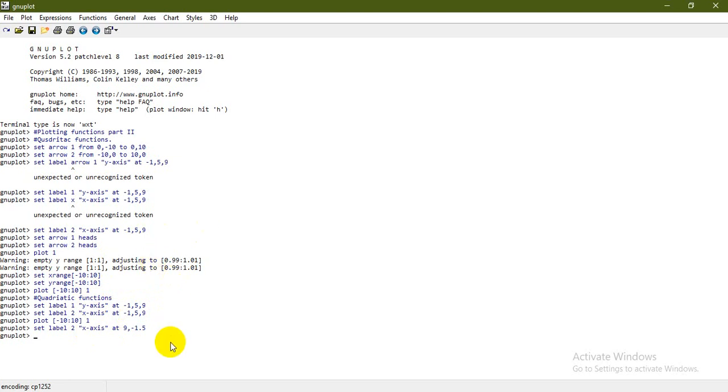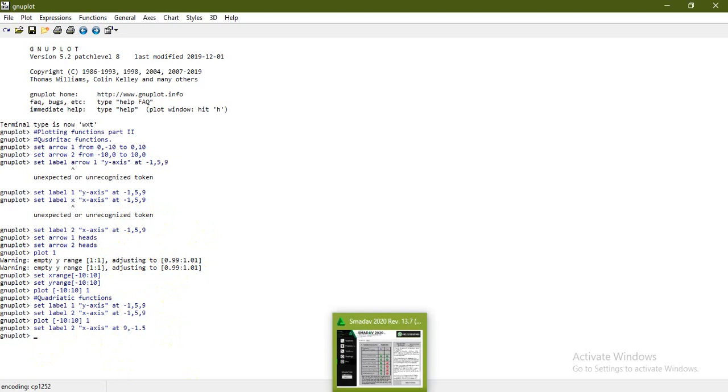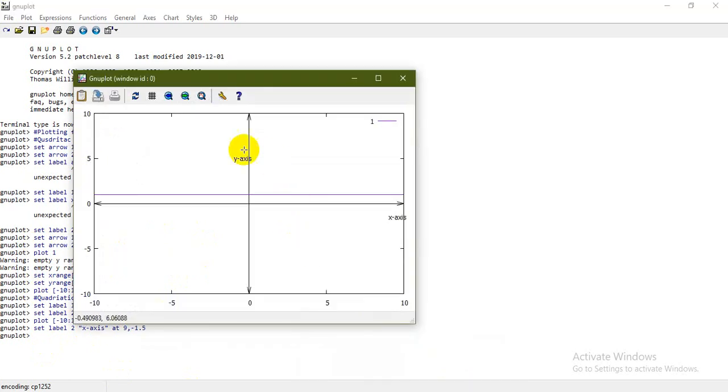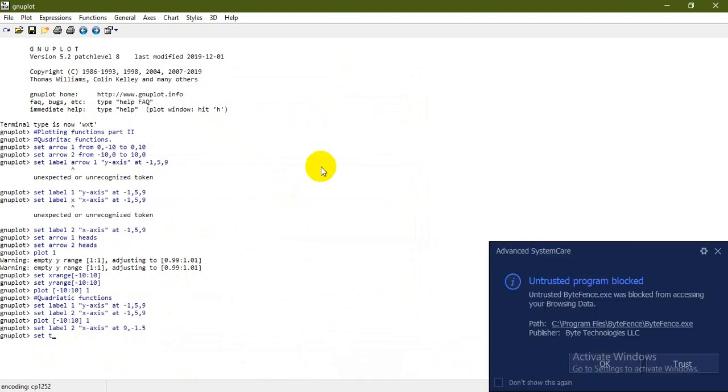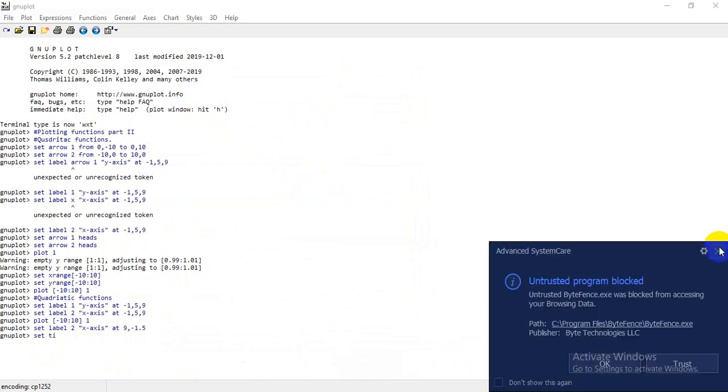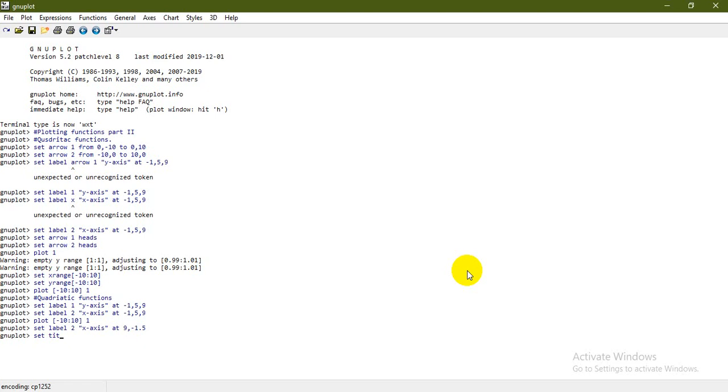Now we go and see quadratic functions. Come back to the quadratic function again. If you want to label the title of your graph, you can write the words quadratic function. So I'll set title above. So I'll set title and I'll place quadratic function.